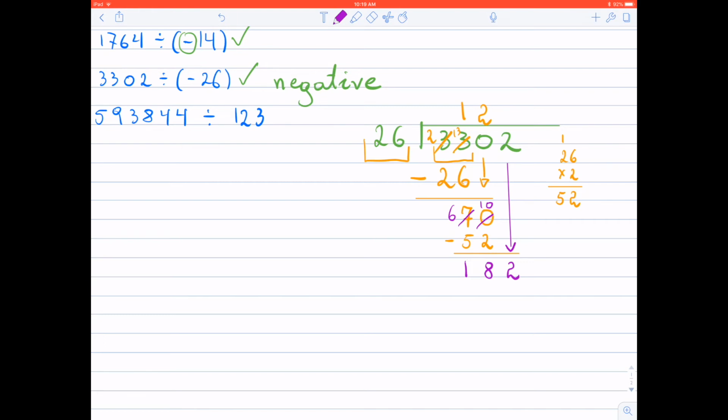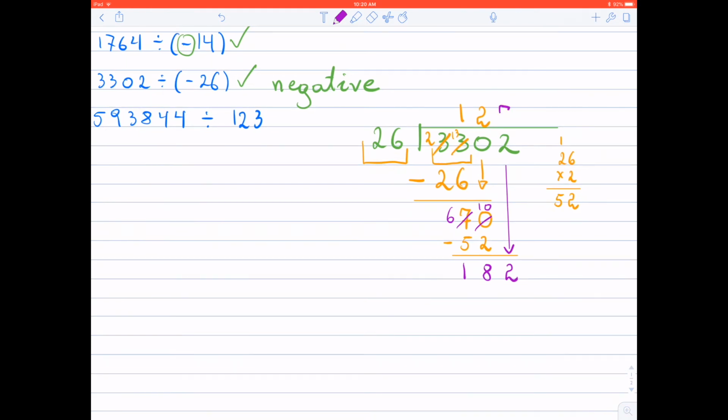Plus 25 is 100. So 4 25s is 100. And then it goes 125, that's 5. 150 is 6. And 175 is 7.